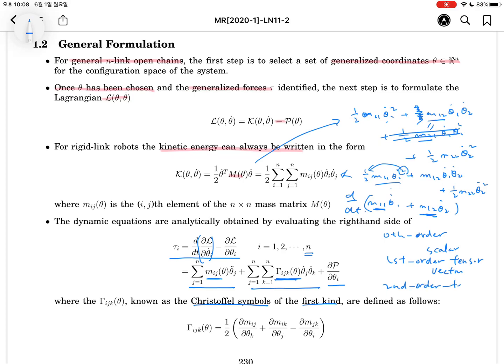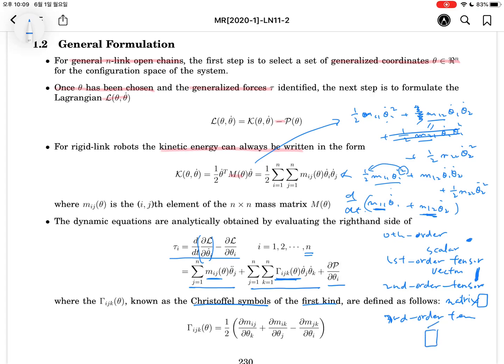Second order tensor, what is that? Please expand. The vector will be the matrix. Third order tensor, there is no name in this case, but the scalar is the point, vector is the line, column, matrix is the square.